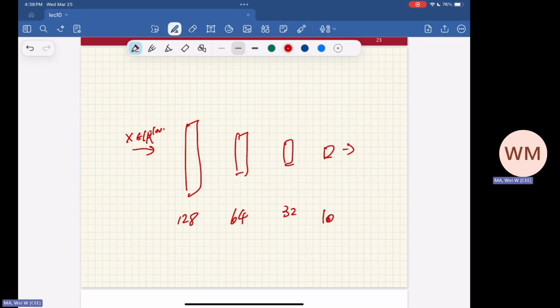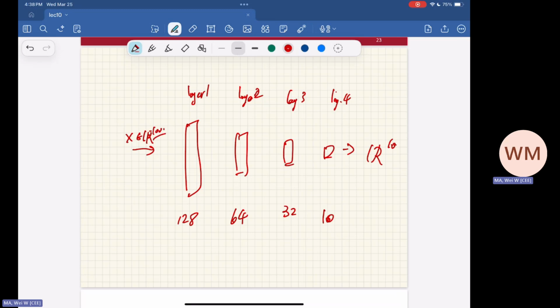The final output is 10. So what are the matrices that you have? You have layer 1, layer 2, layer 3, and layer 4.